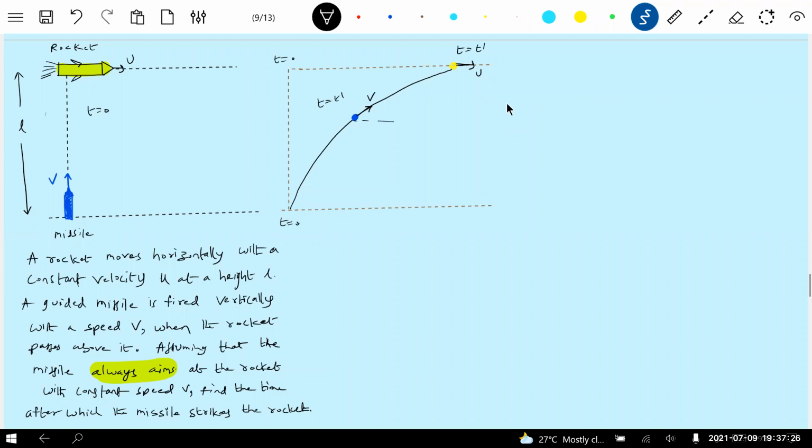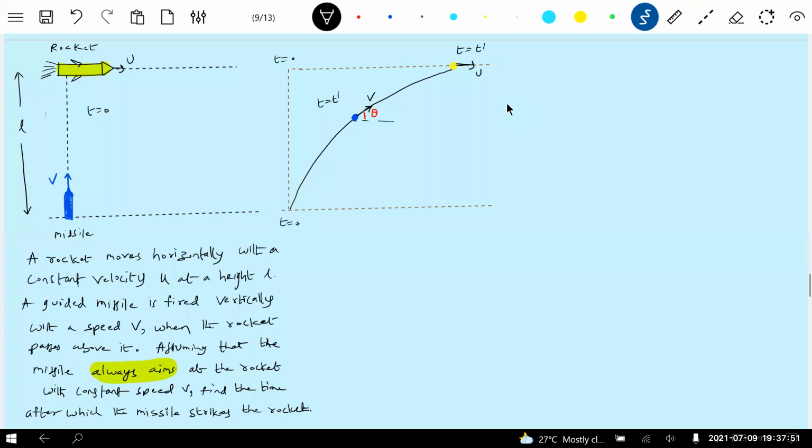I told you, it always aims. So many things I underlined, why don't you think on them? Open your eyes, look at that. Read the question once. Guided missile, I'm telling you. At least you are in the 21st century and you don't know guided missile?